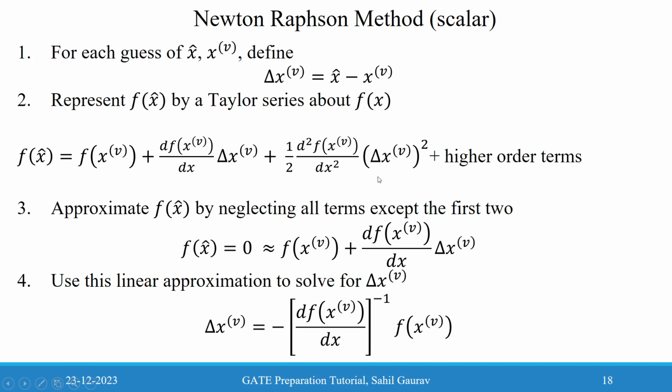Then you will get this expression. Now take an approximate function by neglecting all terms except the first two, so we neglect the second order derivatives and beyond. We will get the first expression with the single differentiation. Use this linear expression to solve for delta x^v.